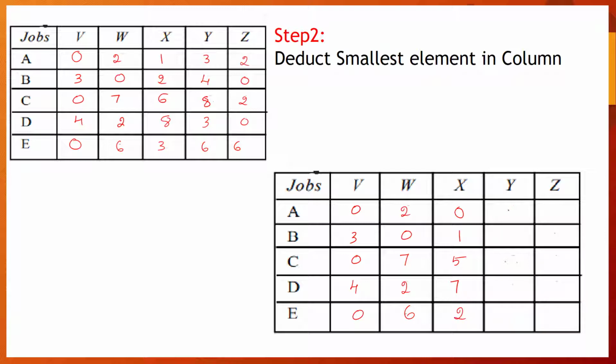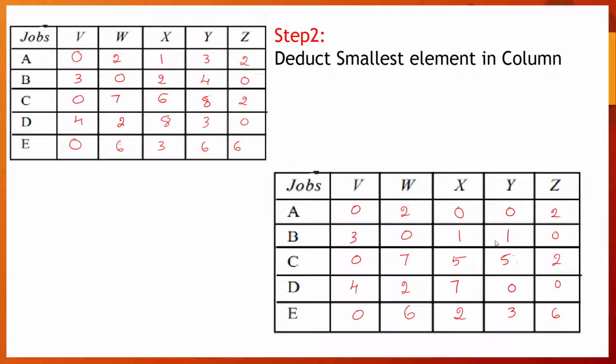Next the minimum is 3, so 0, 4 minus 3, 1, 8 minus 3, 5, then 3 minus 3 is 0, 6 minus 3 is 3. Last we have 0, so we can copy the same: 2, 0, 2, 0, 6. So this is the table after the column reduction, or you can simply say after deducting the smallest element in the column.